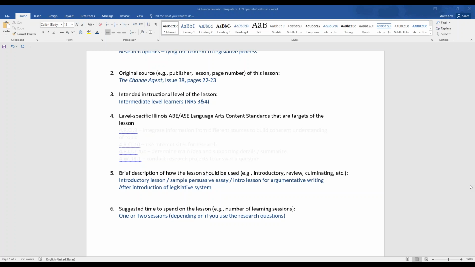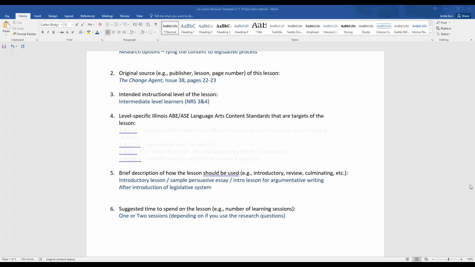Lower standards, NRS 3. This is not complicated text, right? Then when you get over to page 23 and you're dealing with this political cartoon and some of those research questions and extended writing prompts, now we have to think, probably not level 3 standards anymore, but probably bumping to 4. So we actually have a mix of what's being asked of students. There are both level 3 standards in here and level 4 standards. And that is just something that you will start to learn in your gut, right?